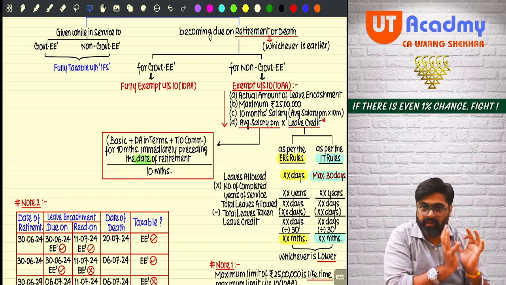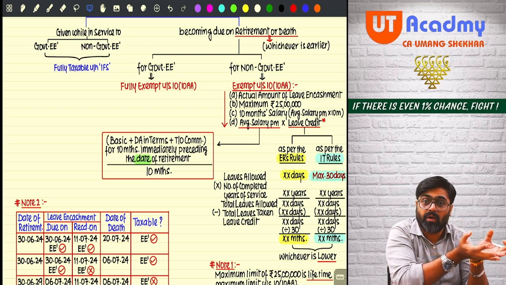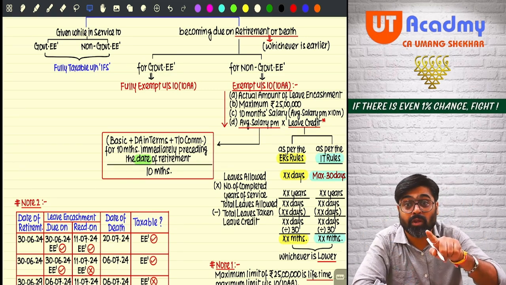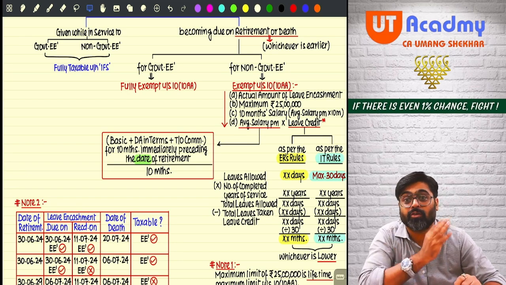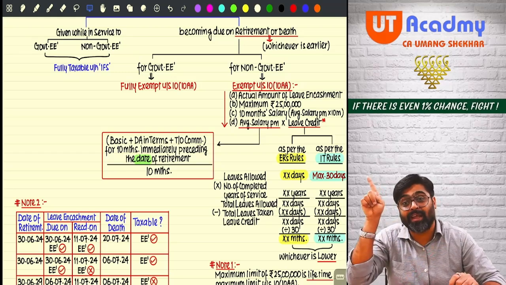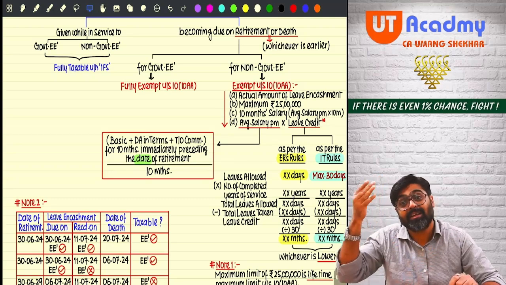Meaning, for the leave credit, whatever leave encashment you are getting, we will calculate on the basis of average salary. Not on the basis of last drawn salary, because last drawn salary can be manipulated. So take the average of the last 10 months, just like the way in which you were taking for employees not covered by POGA. Do you remember basic, DA in terms, turnover commission of 10 months divided by 10?